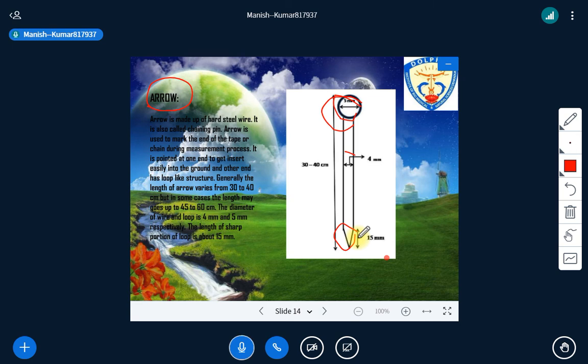Just as people use a paper pin to mark certain points, this chaining pin is used when you are using the chain or tape. At the point where the chain or tape has to end, you can fix one arrow. This is the use and the basic features of the arrow. I hope people are getting all these instruments properly.